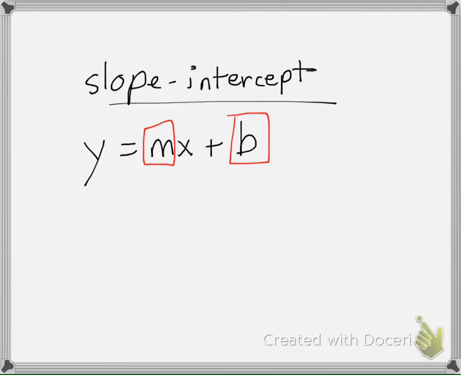So some of the most straightforward examples of writing an equation for a line would be a problem where I said, okay, if I have a line and it has a slope of 2/3 and its y-intercept is -4, what would be the equation for that line?